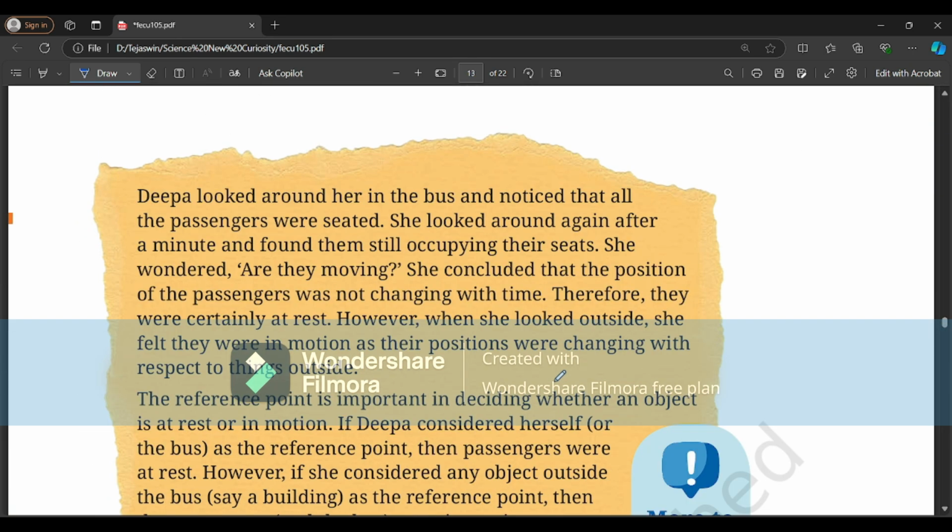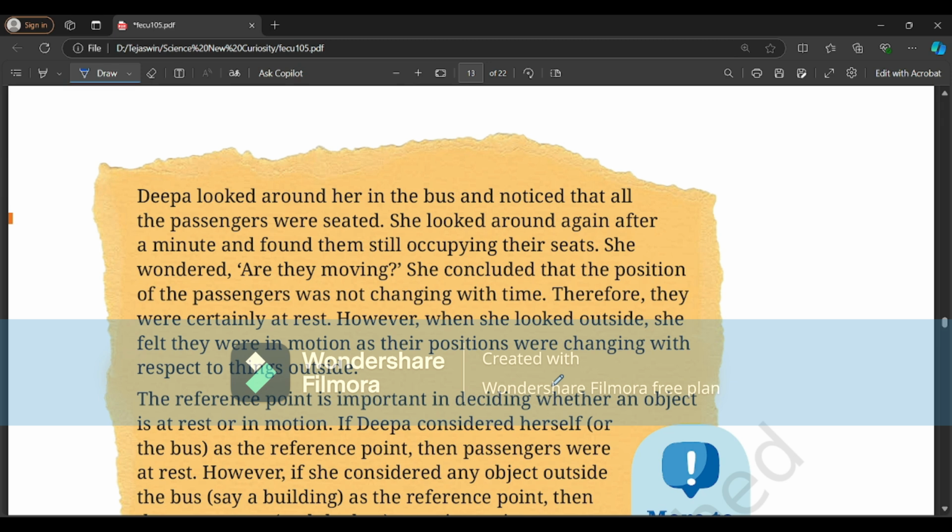Deepa was traveling in a bus to go to Delhi. She looks around at the passengers who were seated, and then she thinks, if the passengers are moving, then she has to make sure that she is considering things with respect to the reference point.